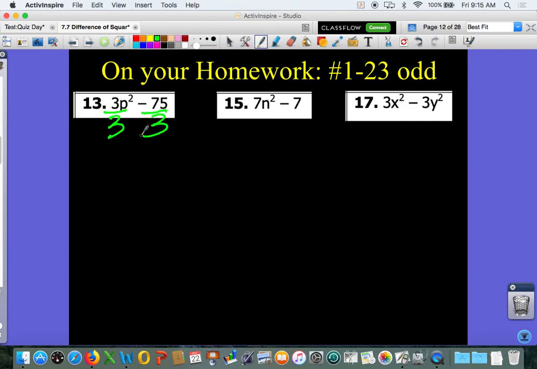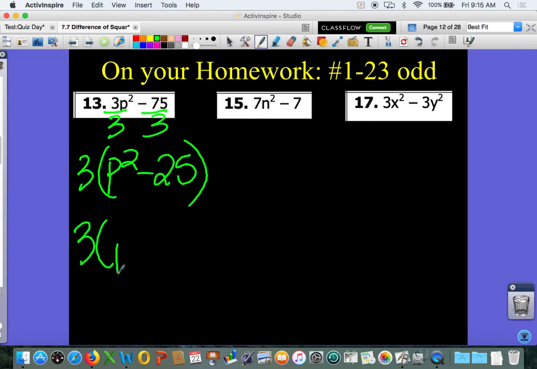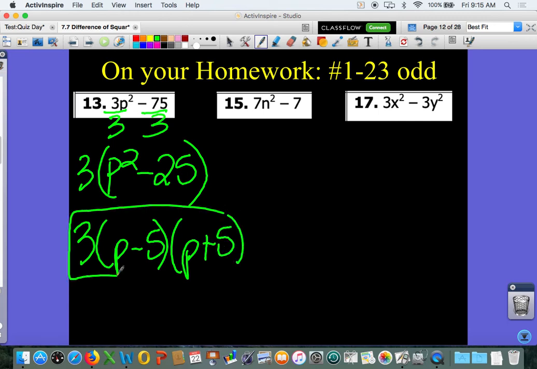That leaves me with p squared minus 25. Now the 3 is left outside. That's how I indicate it didn't go away. You can't just divide it out and it disappears forever. We have to represent that 3. But now I can solve it just like we did before. I've got 3, p minus 5, p plus 5. And this is my final answer.